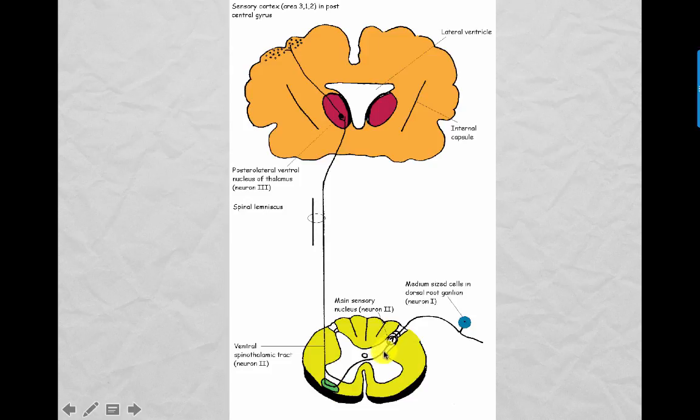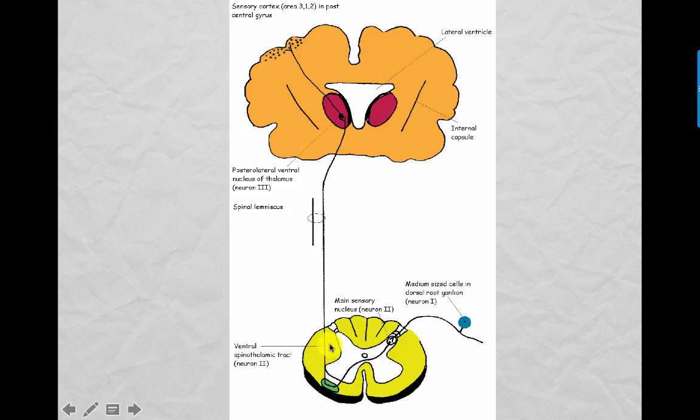So we are saying that the fibers are crossing very obliquely to demonstrate that they are not close to the central canal, and finally reach the ventral column or anterior column of the white matter to form the ventral spinothalamic tract.